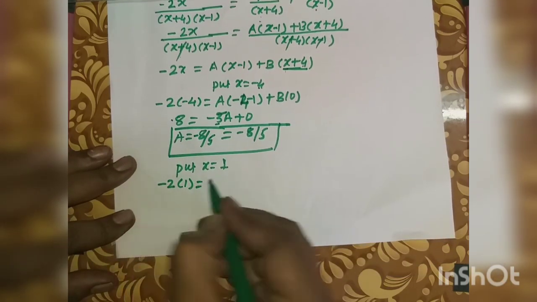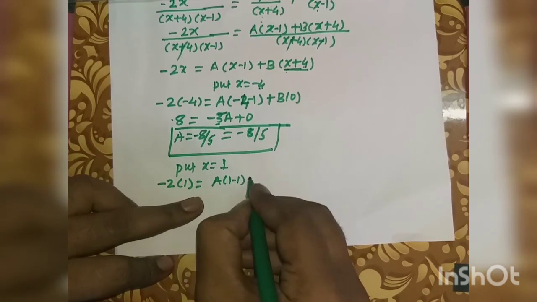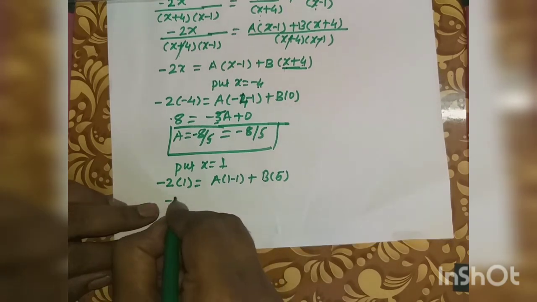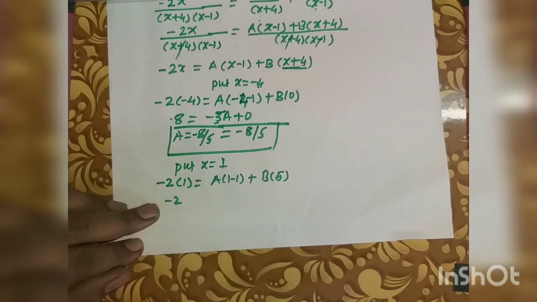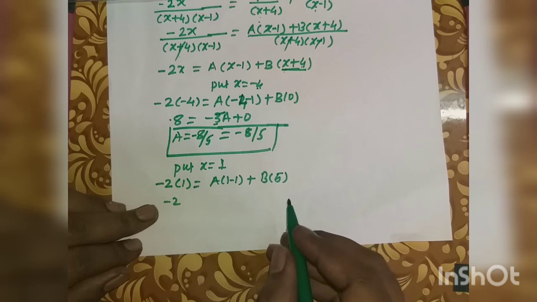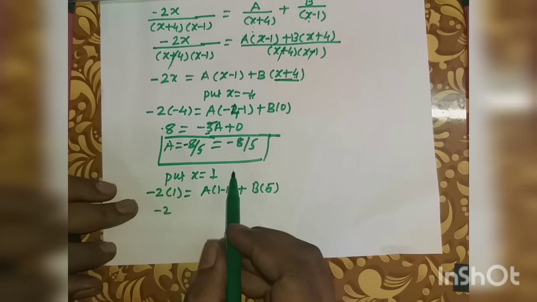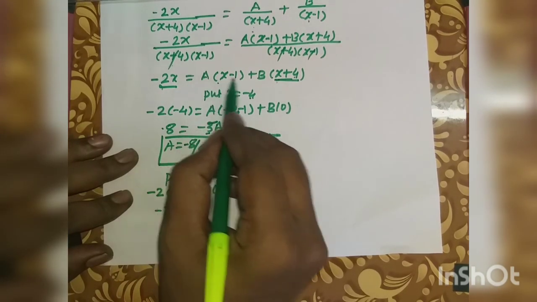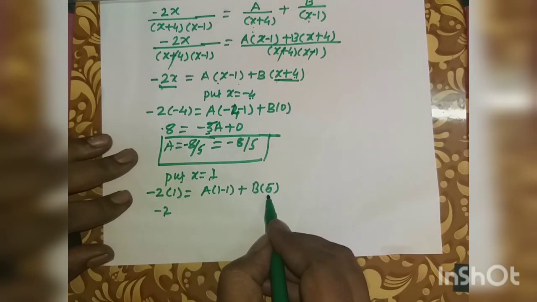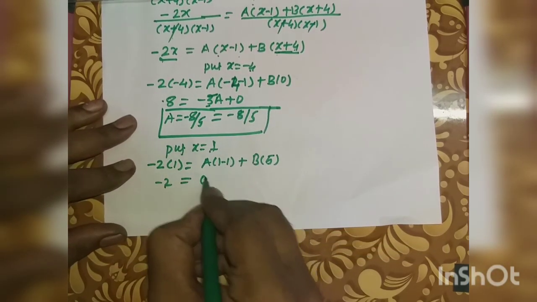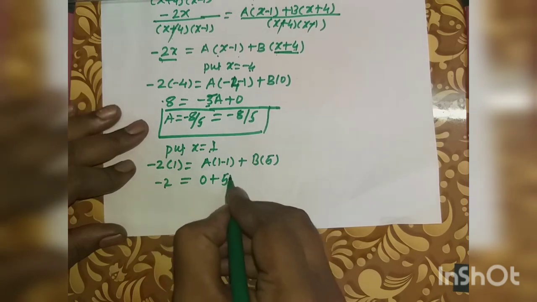Put x is equal to 1 on both sides. Minus 2 is equal to a(1 minus 1) which is 0, plus b(1 plus 4) which is 5b.